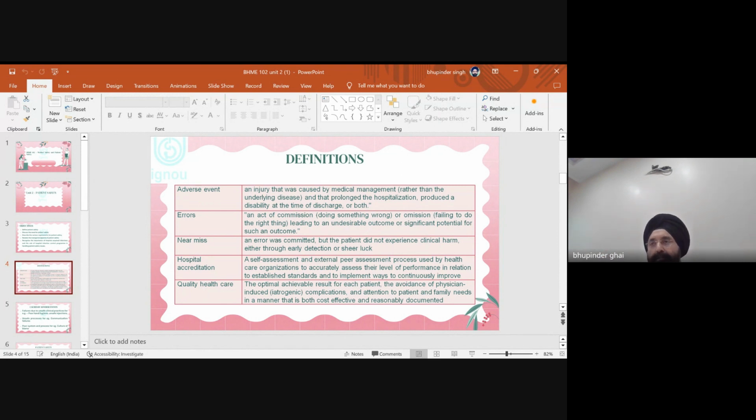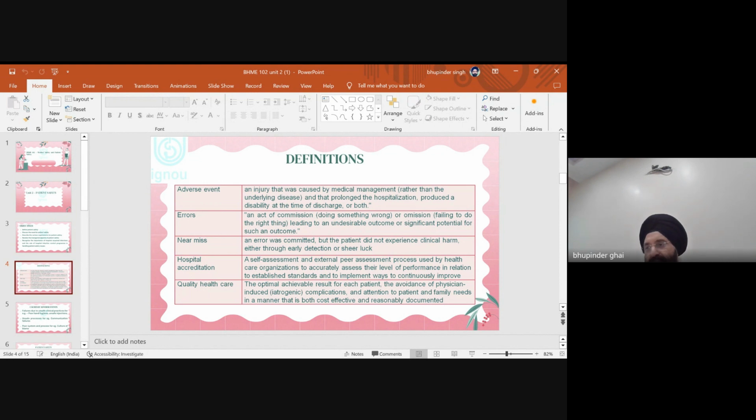medical management. Suppose I give you an example. Suppose a patient is admitted in hospital. He is having difficulty in passing urine, and for that there is a stricture in the urethra, and for that dilatation was done. But during dilatation, there was injury to the urethra.